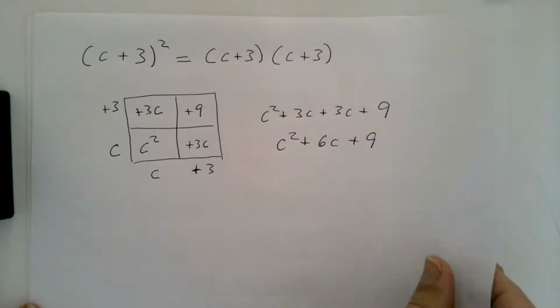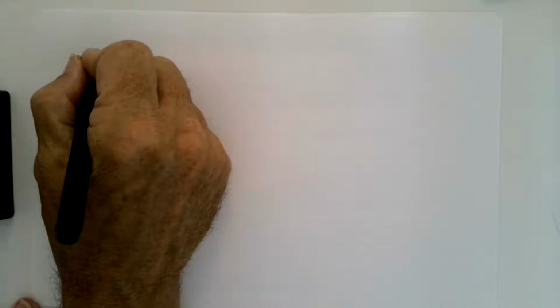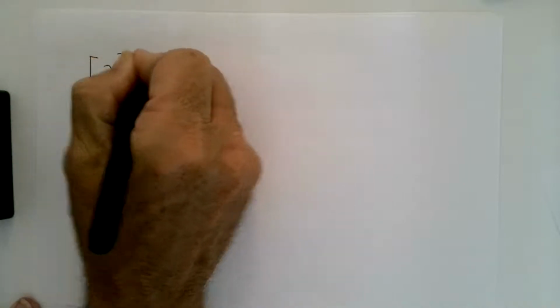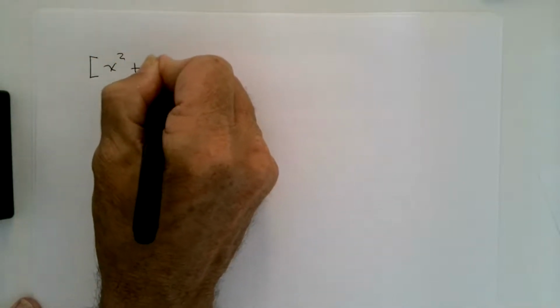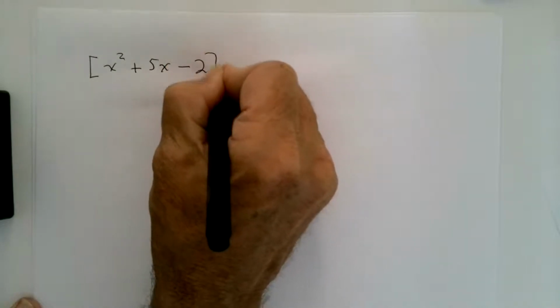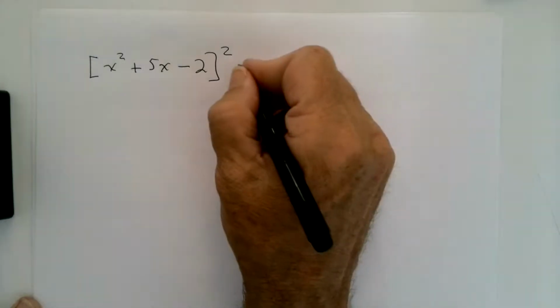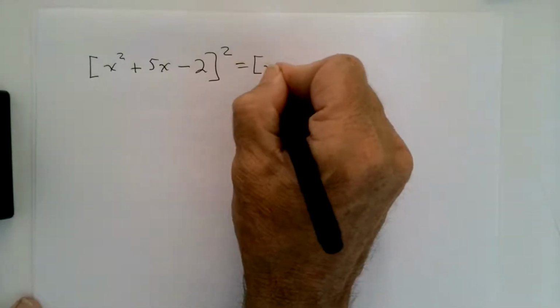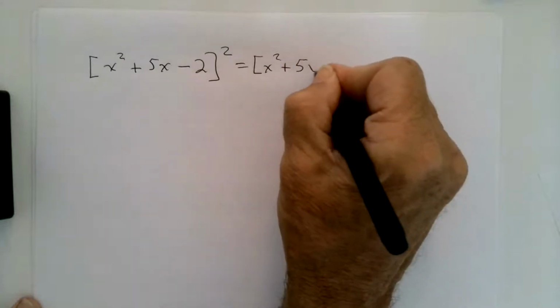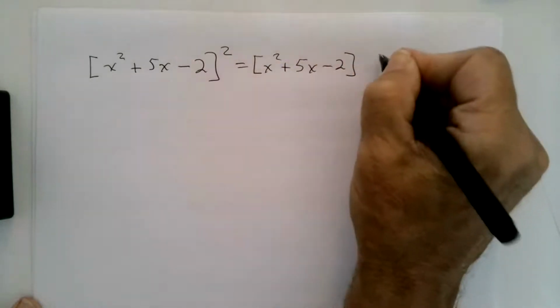So let's quickly do that. Let's look at x squared plus 5x minus 2, squared. What does that mean? That means x squared plus 5x minus 2 times x squared plus 5x minus 2, or plus negative 2, if you prefer.